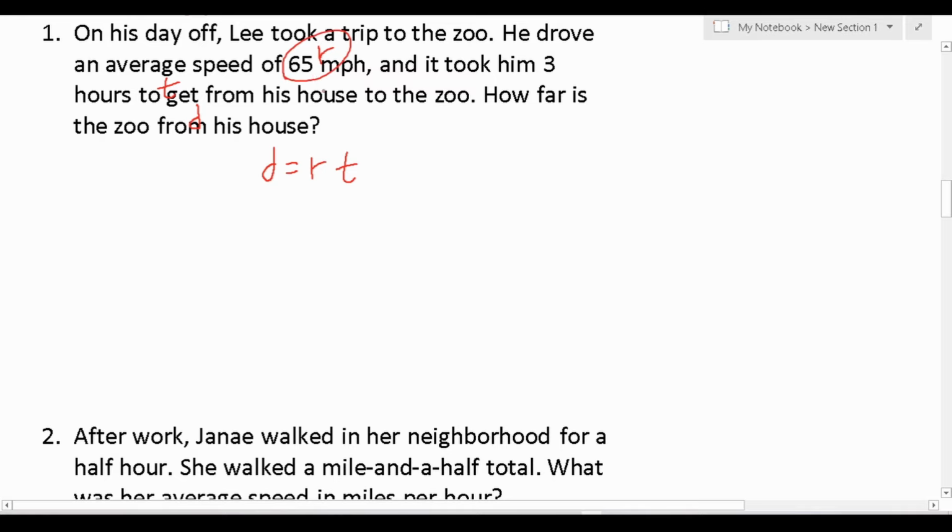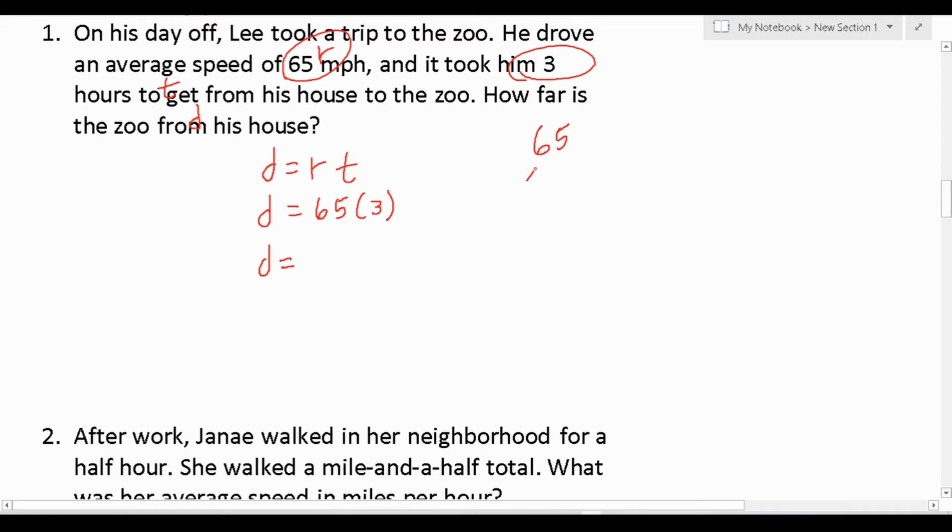We know R is 65, so let's plug in 65 in place of R. We know time is 3 hours, so let's plug in 3 in place of T. And we're being asked to solve for D, so let's leave D as is. To figure out distance in this case, we have to multiply 65 times 3. So distance equals 65 times 3.